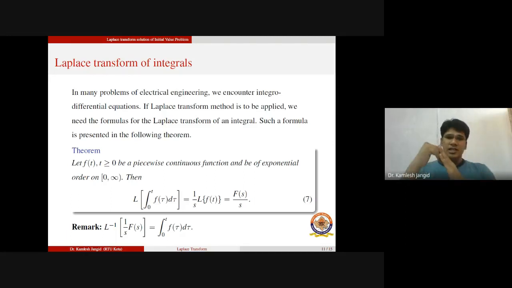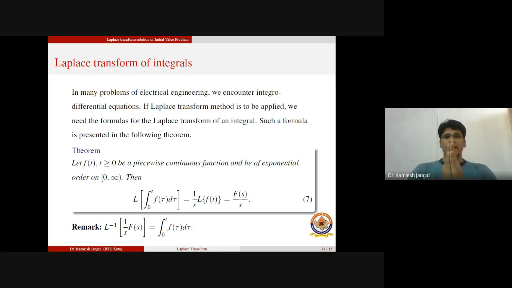And if your Laplace transform is given by F divided by s, then we use the Laplace transform of integral formula to find the inverse Laplace transform. So the inverse Laplace transform of capital F divided by s equals the integration from 0 to t of f(tau) d tau.